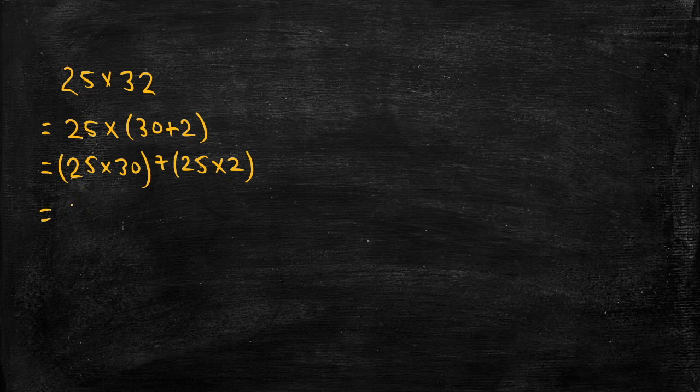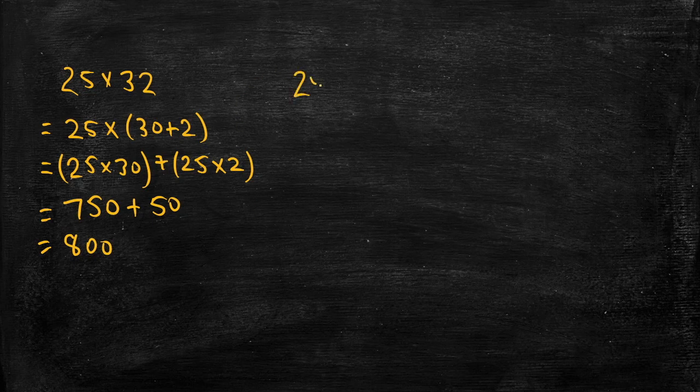And 25 times 30, well, 3 25s would be 75, and so 30 times 25 would be 750, and then 25 times 2 is 50, and so we get the final answer 800. So there we've used the distributive property to do that calculation, maybe a little bit quicker than using the partial products method or the common method to multiply it out.